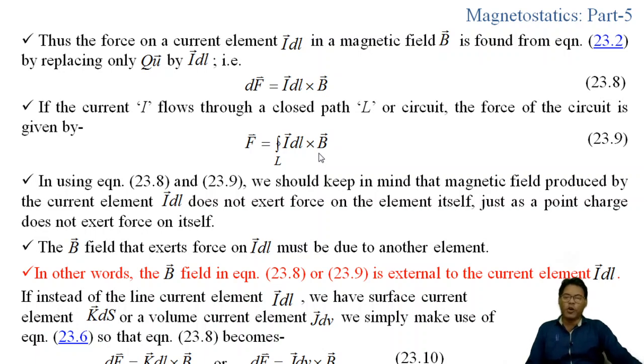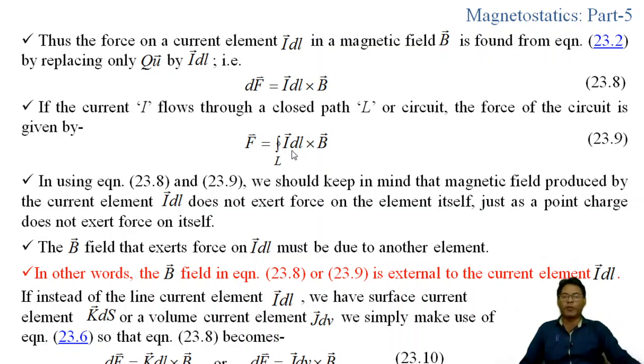Now if instead of the line current element Idl, we have the surface current element KdS, we have seen earlier that Idl is equivalent to KdS.